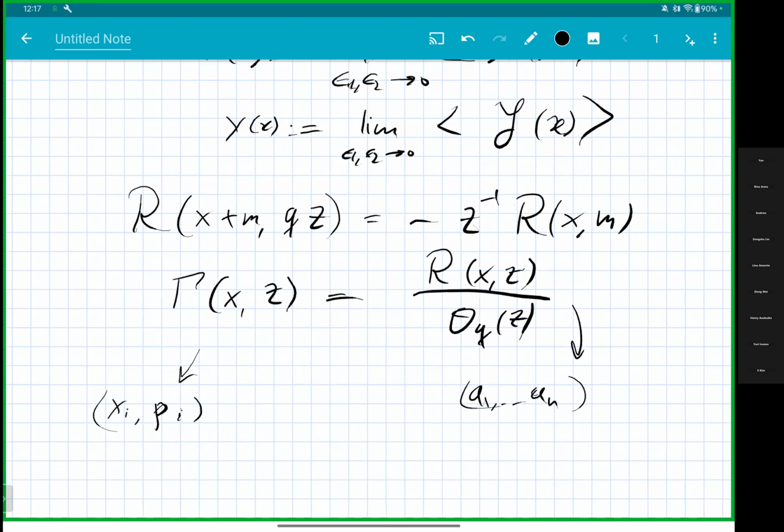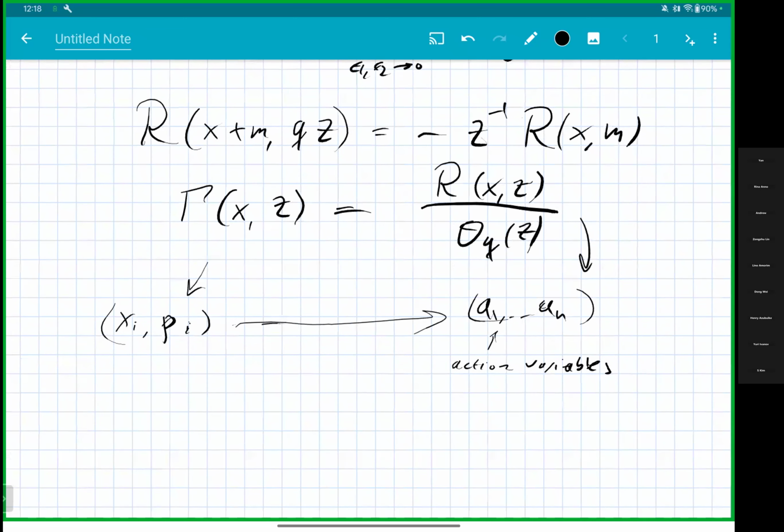So these ai serve as action variables, actually, something like this. And the proof basically constructs the relation, so to say, implicitly between them, through obtaining the lax matrix from this gauge theory.